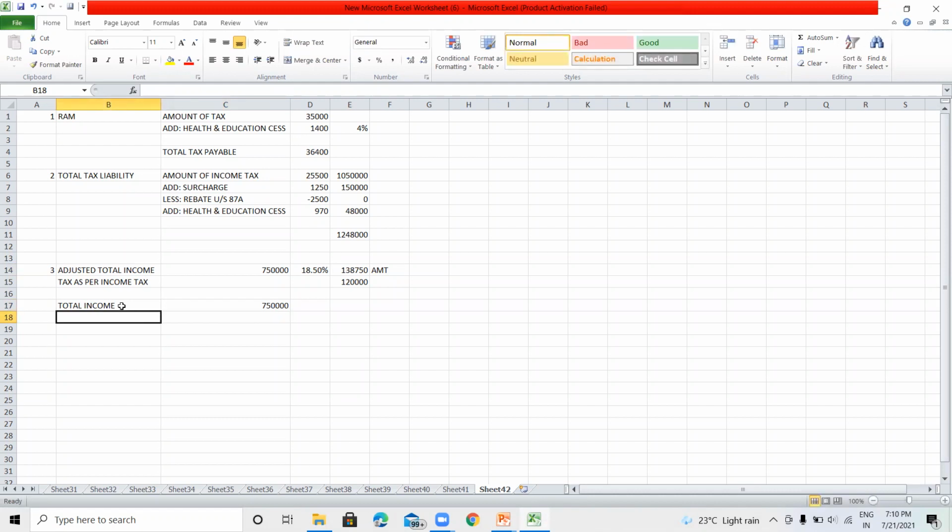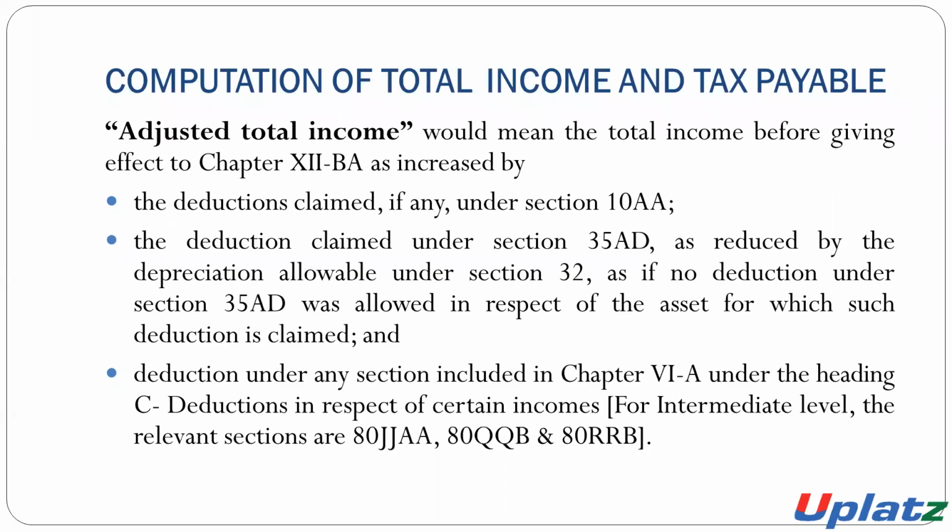Now he has taken a deduction under section 10AA, that means there is some deduction availed by him under section 10AA. Then it will be added back. For example, deduction under section 10AA of 25,000. Or the deduction claimed under section 35AD.